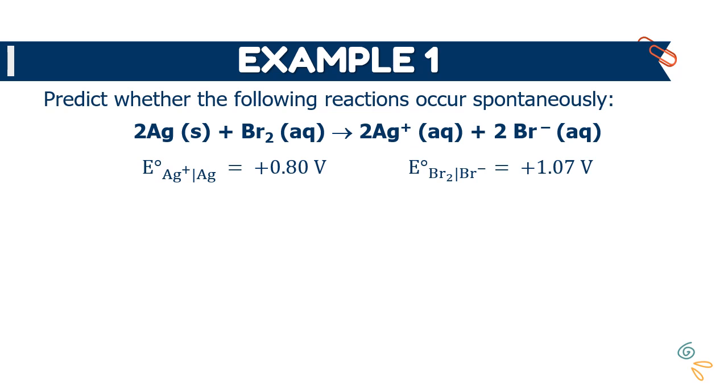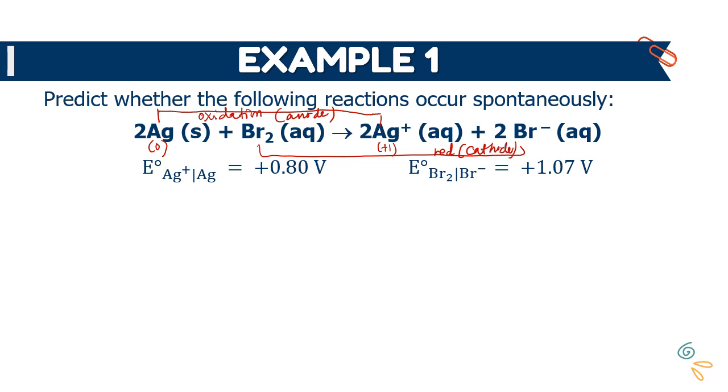Ag to Ag plus, Br2 to Br minus. Ag here is 0, here is positive 1, meaning you will have oxidation over here. Oxidation meaning it is at anode. And Br2 is reduction, meaning it will be at our cathode.